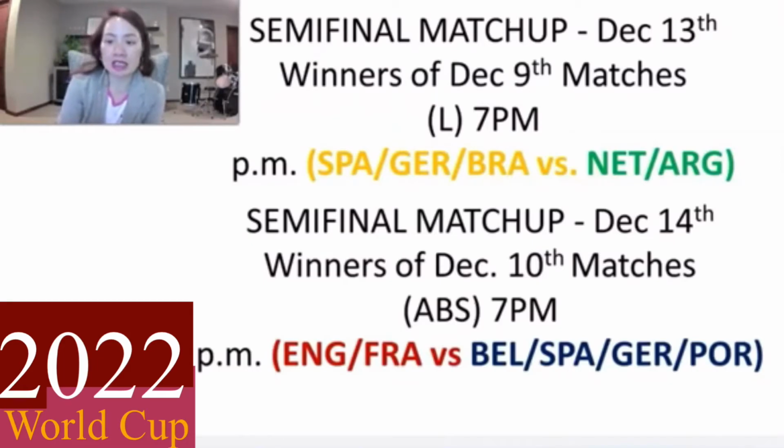And on December 14th, it will be what I call the European bracket, because the potential semi-finalists in that game are pretty much all European, unless Uruguay can dig up a good performance at the Cup this year. Both games will be played at 7 o'clock.